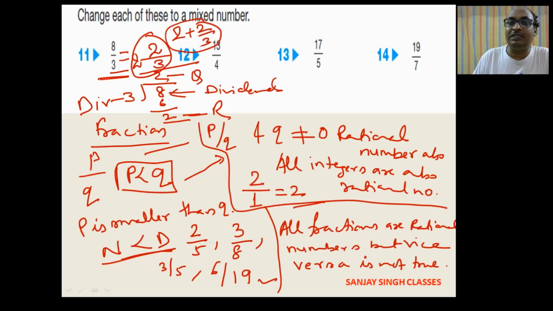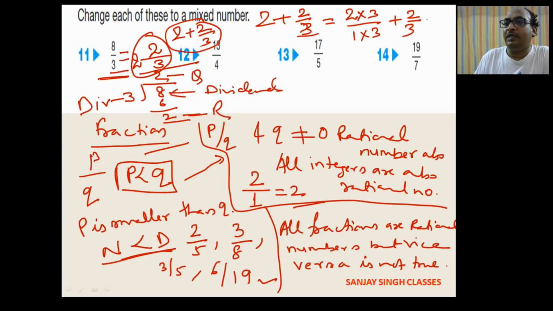So this is the mixed number 2 2 by 3, and if you are going for adding, I will tell you. Here the LCM of the denominators has become 3. So 2 into 3 divided by 1 into 3, so that the denominator can become 3, plus 2 by 3.